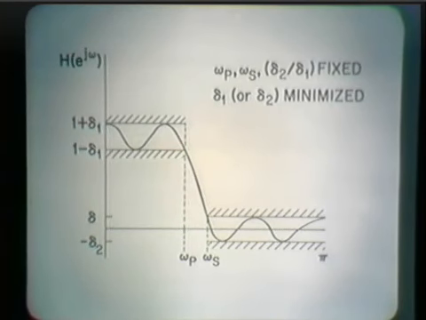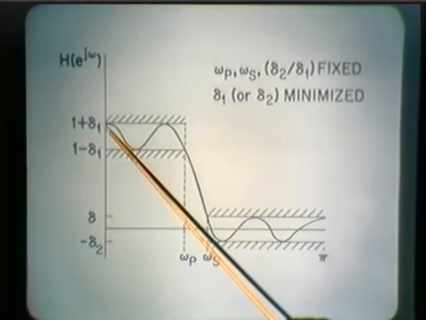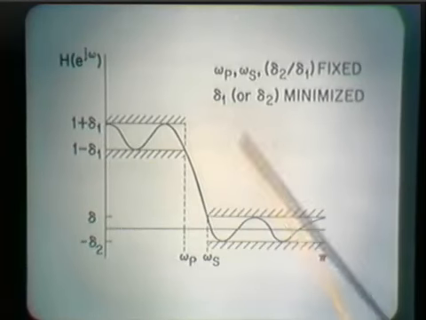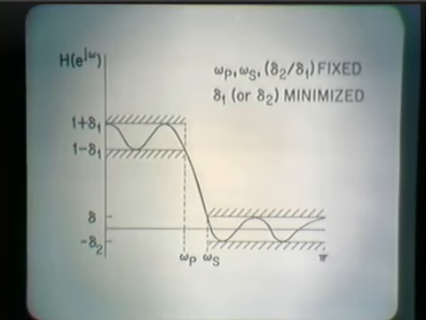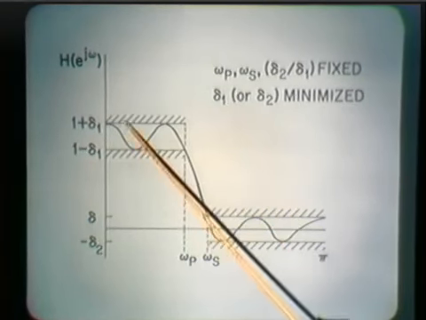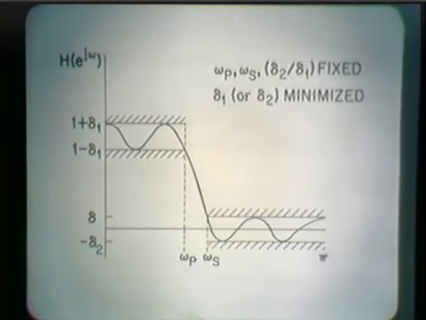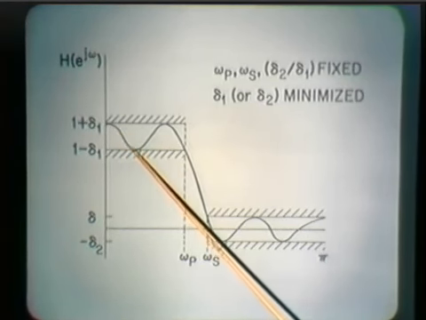But for example, if we pick a passband cutoff frequency and a stop band cutoff frequency, furthermore, if we of course are going to allow some deviation in the passband and some deviation in the stop band, if in addition we fix the ratio of stop band to passband ripple, and if we then inquire as to what sort of characteristic should result if delta 1, the passband ripple, or equivalently delta 2, the stop band ripple, is minimized, it can be shown that that implies an equiripple characteristic in the pass band and an equiripple characteristic in the stop band.